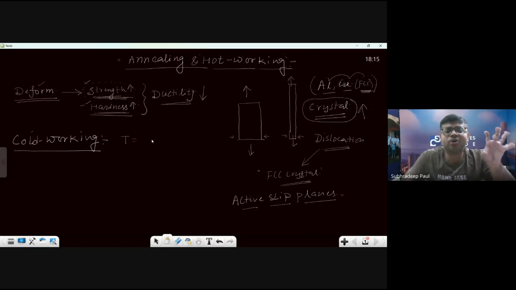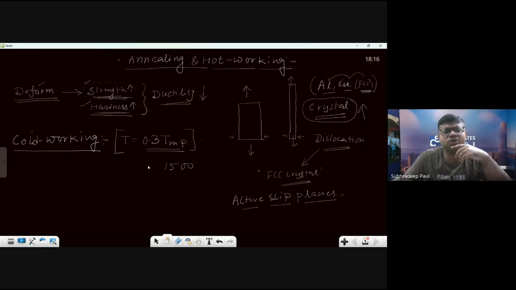It depends upon the melting temperature of the material, and it is 0.3 of the melting temperature. That is the exact temperature that we say. For example, I am talking about steel. Suppose we know the melting temperature of steel, we can say 1500 degrees Celsius roughly.